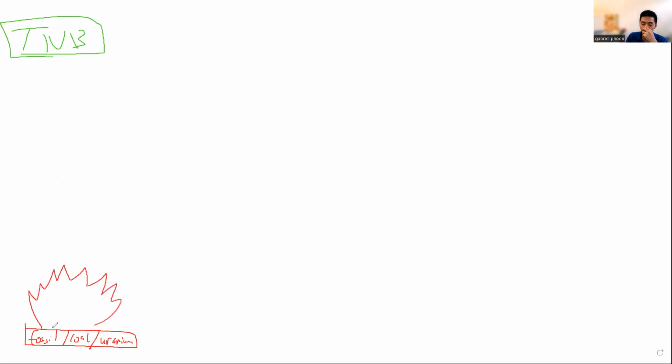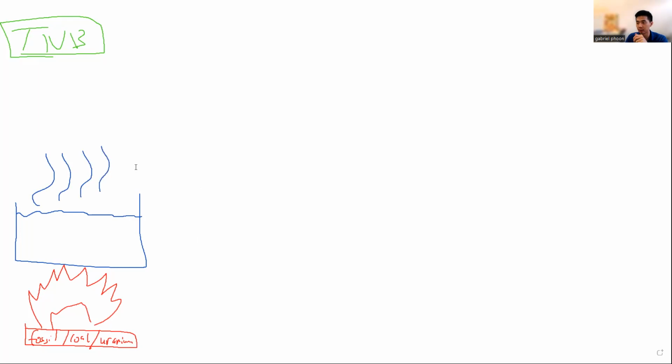This very large fire is used to boil a big pot of water here. After 100 degrees, the water will turn into gas, steam. This steam is not just any ordinary steam. It generates a high-powered steam.